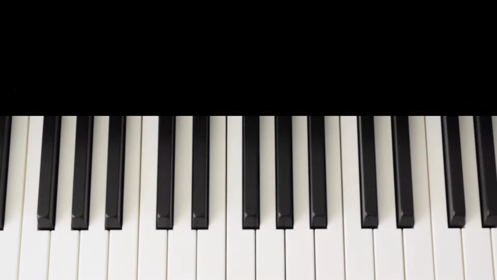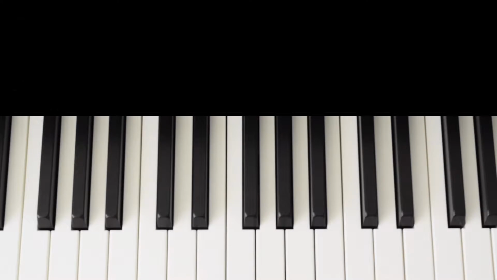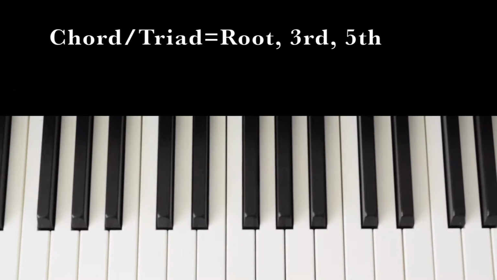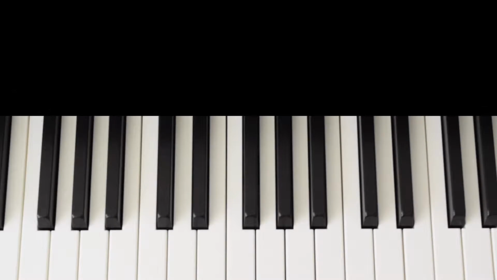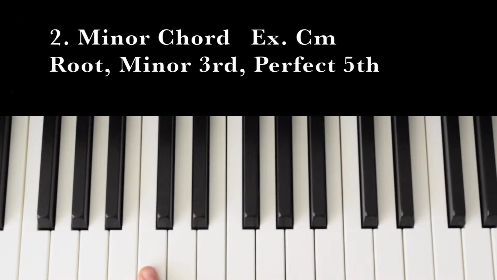After we finish talking about intervals, we can start talking about chords. A chord is a combination of 3 or more notes. Chords are built from or based off of one note called the root. A chord is also called a triad, and it's made up of the root, the third, and the fifth. There are 4 types of chords: major chords, which is the root, major third, and perfect fifth. Minor chords, which are the root, minor third, perfect fifth.